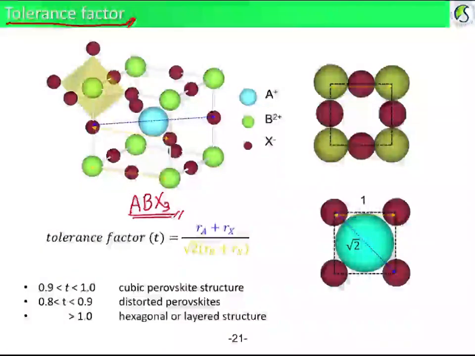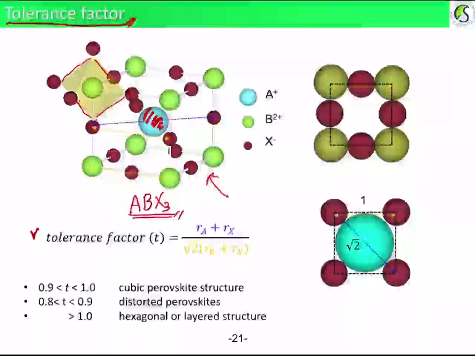This tolerance factor equation can be derived by the simple observation that this unit cell is a cube. As we learned in the previous slide, in the ABX3 perovskite structure, the A cation occupies the cuboctahedral site, and it is surrounded by BX6 octahedra.